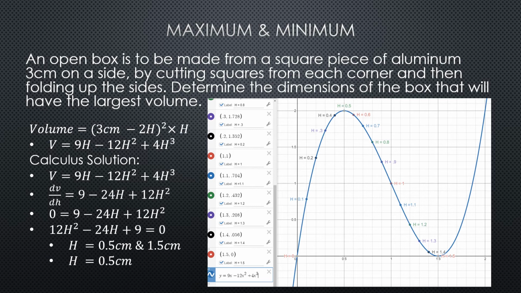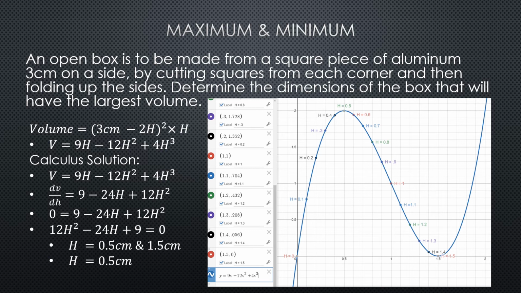So that's what we're going to do with our maxes and mins. We take the derivative, dv dh, and where the slope is 0, we're at a peak in the equation. If we take the derivative of our volume formula, we get dv dh equals 9 minus 24h plus 12h squared.